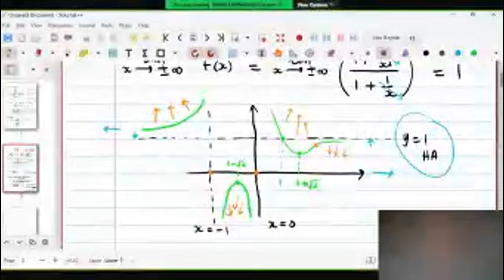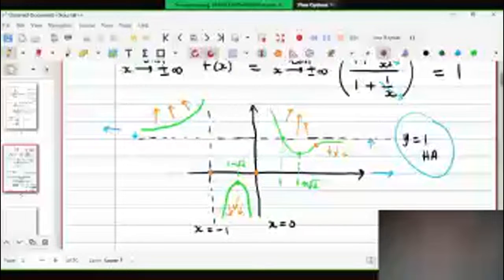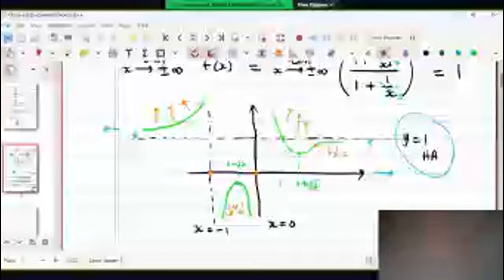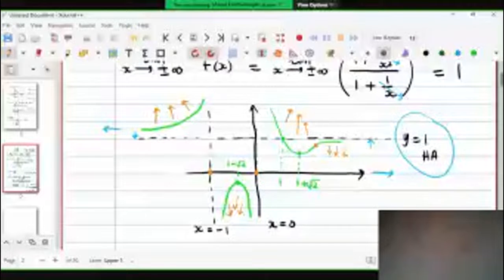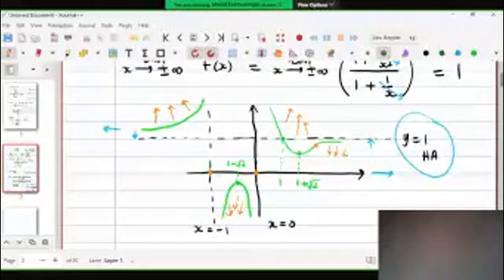Around -1, we have two different behaviors for the concavity. For numbers below -1, it is concave up. For numbers higher than -1, it is concave down.